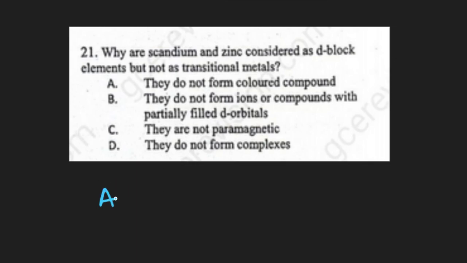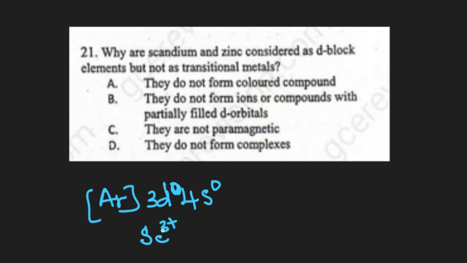For scandium, when it forms an ion, we will have an empty d orbital, because it forms an ion of +3.